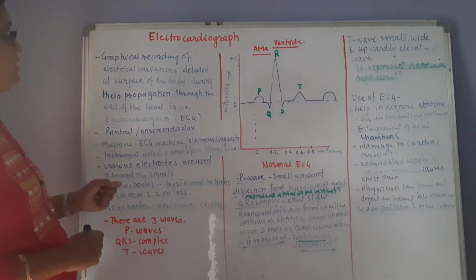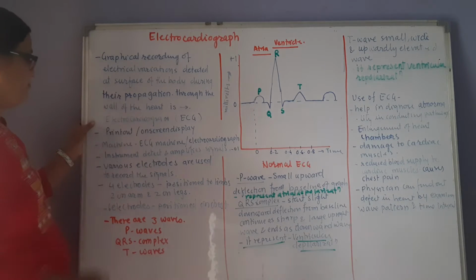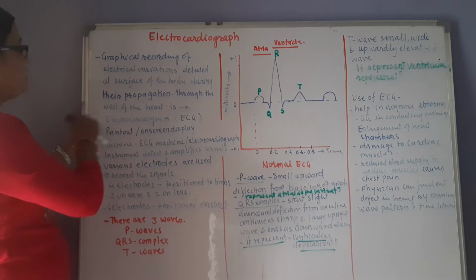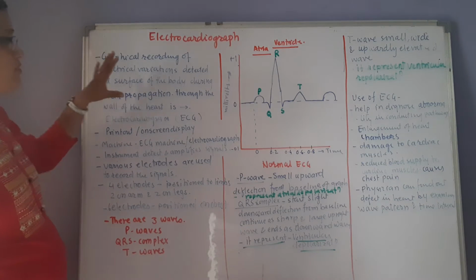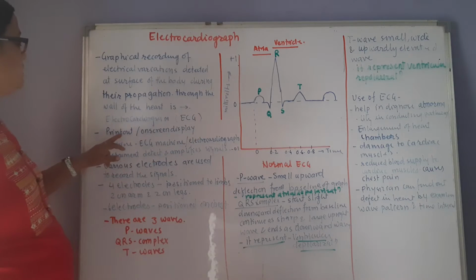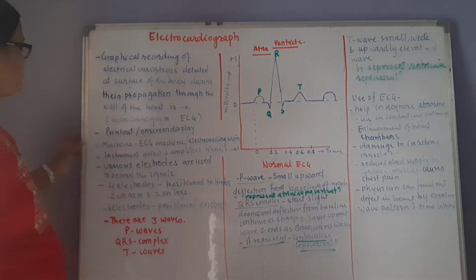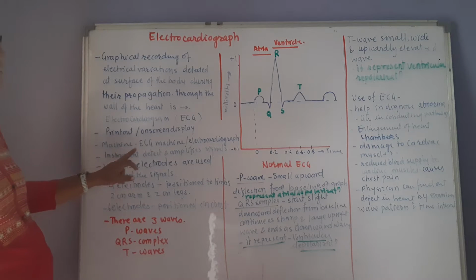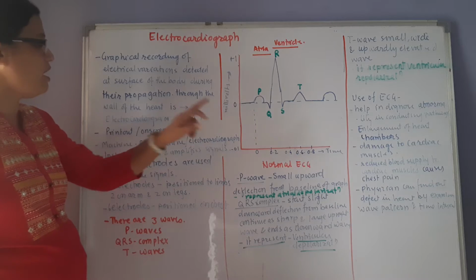That representation is called the electrocardiogram. So whatever the graph is recorded, that is given in the form of a printout or on-screen display. That machine is called the ECG machine or electrocardiograph.